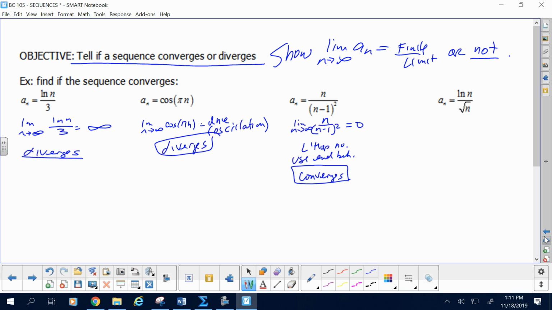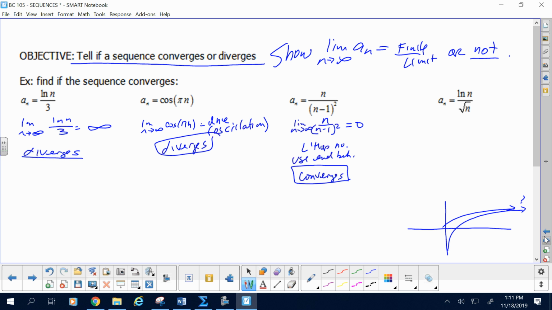All right. Last but not least, this is actually a pretty big idea, very useful in Calc 2, but we haven't touched on it much. These graphs have very similar growth rates. The question is, which has the more powerful growth rate?